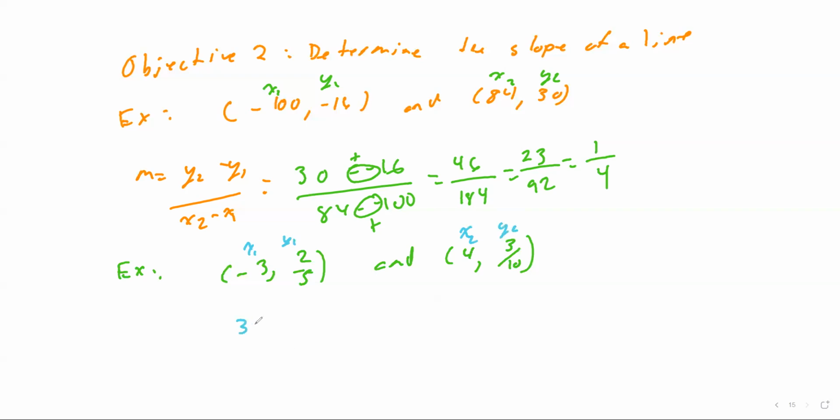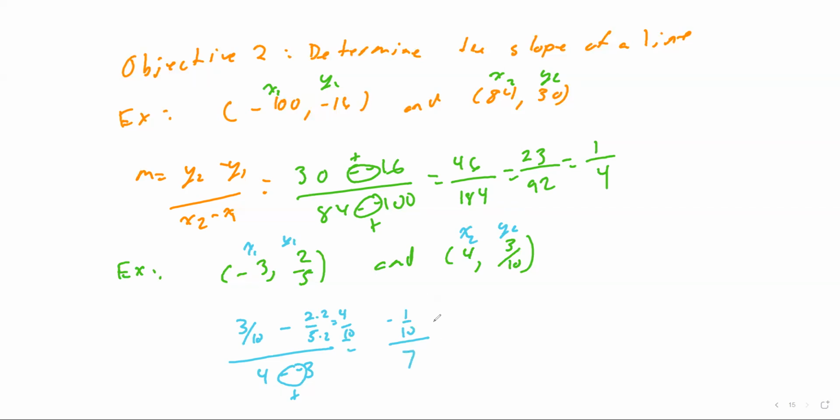So I would get 3/10 minus 2/5 over 4 minus -3. Again, two negatives make a positive. To do fractions, remember they have the same denominator. So if I multiply both of these by 2, I get 4/10. So now this is really 3/10 minus 4/10, which is -1/10. 4 plus 3 is 7.